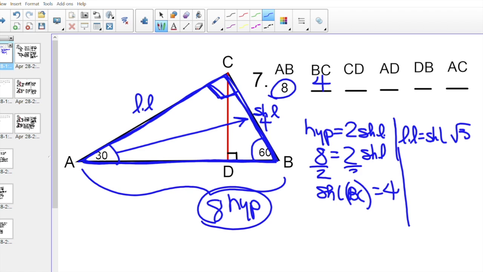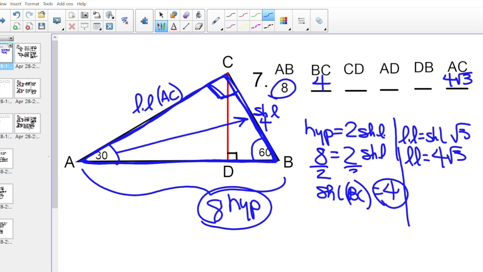So the longer leg would be, remember the shorter leg is 4, 4 square root of 3. The longer leg is AC. So on the chart you would write 4 square root of 3 under AC.